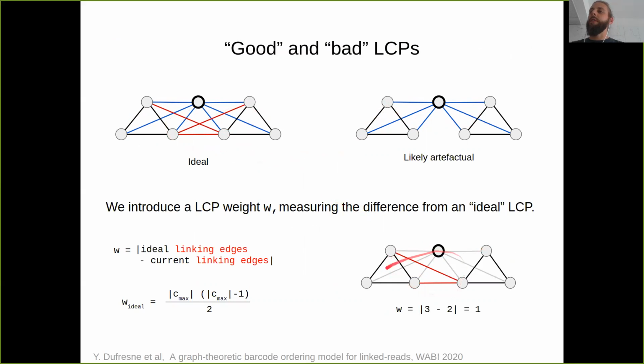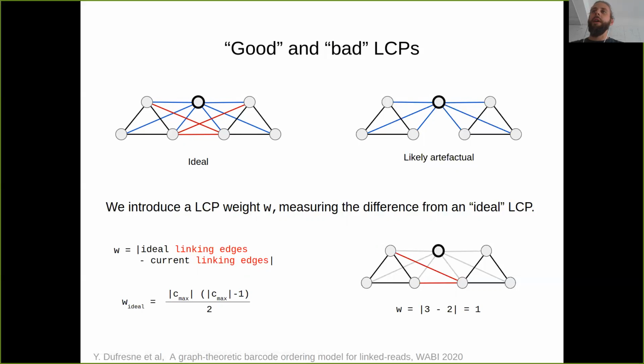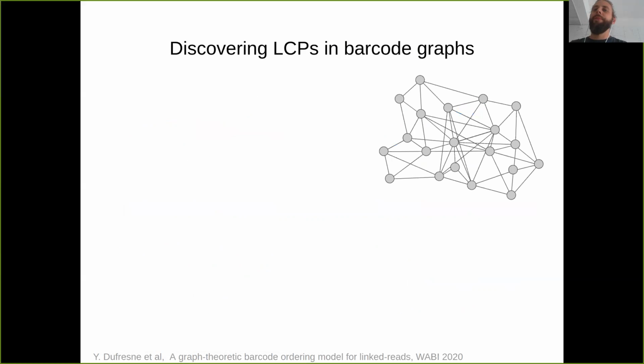Here in this example, we are expecting 3 edges and we see 2, so the weight is 1. If the weight is 0, it's a very good LCP, and the higher the weight, the worse it is. The high weights are bad.